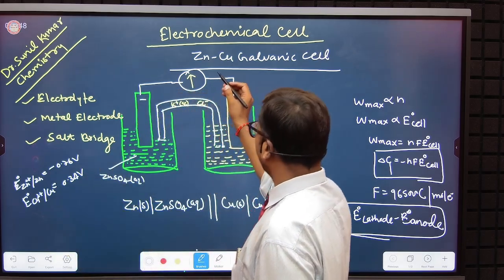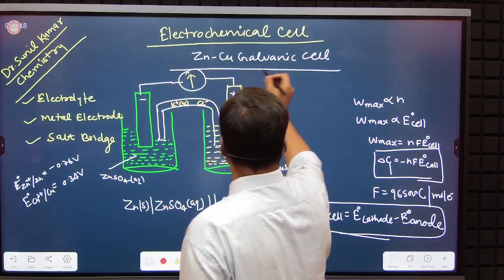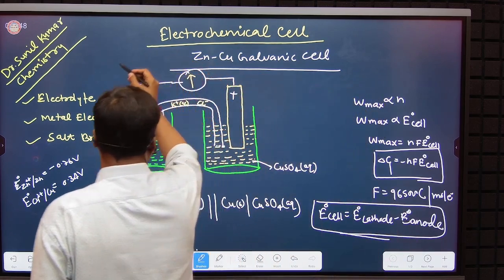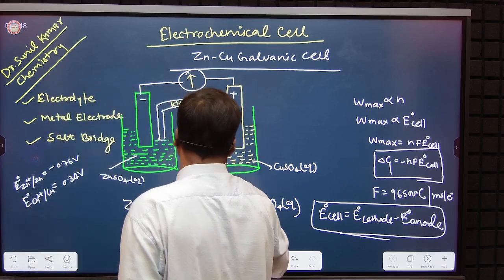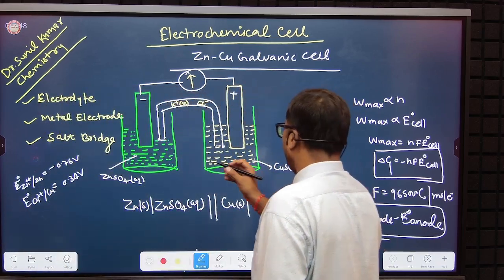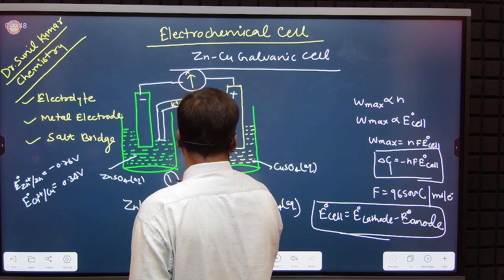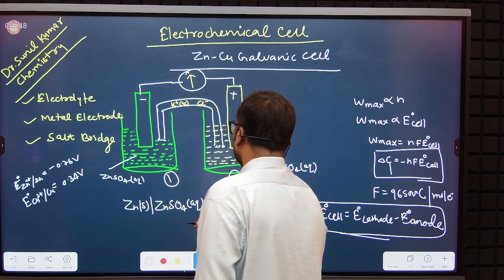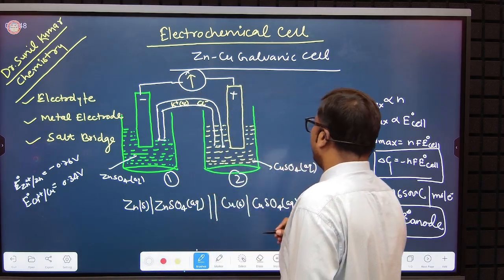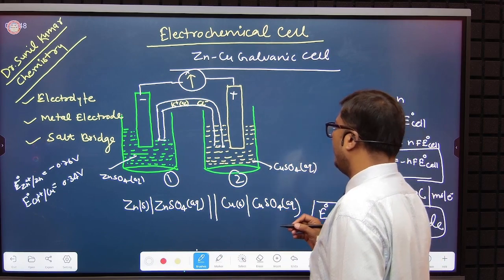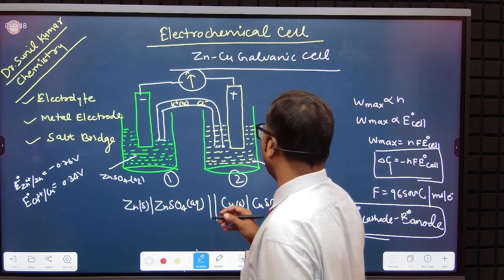So this electrochemical setup has been shown in this particular fashion, where we have two containers, right? This is container 1 and this is container 2. These two containers are filled with electrolyte, right?